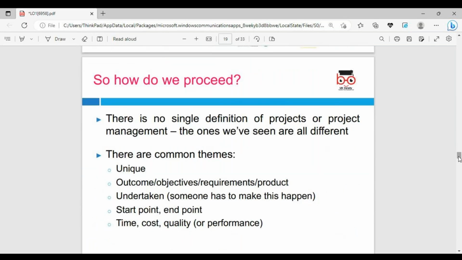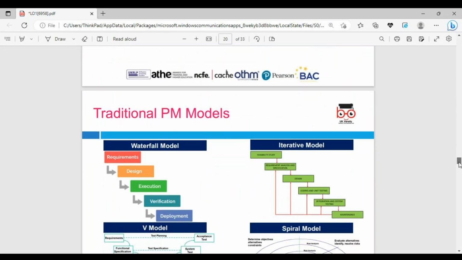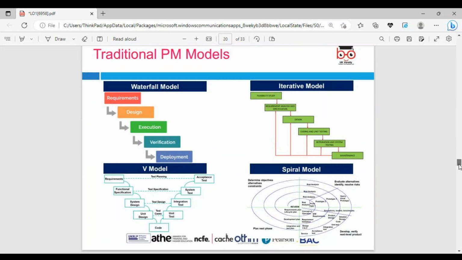There is also a single definition of a project according to PMI, the Project Management Institute. Once we have seen the different definitions, there are common themes: it is unique, it has an outcome, it has a requirement, someone undertakes it to make it happen, and a start point and end point should be in place, which is traditional project management.